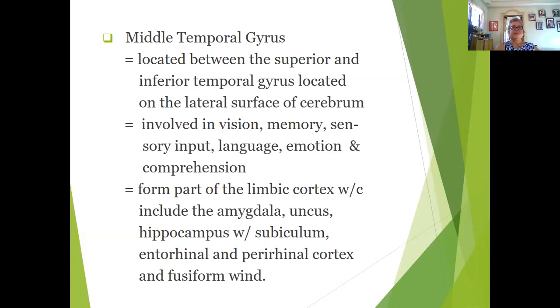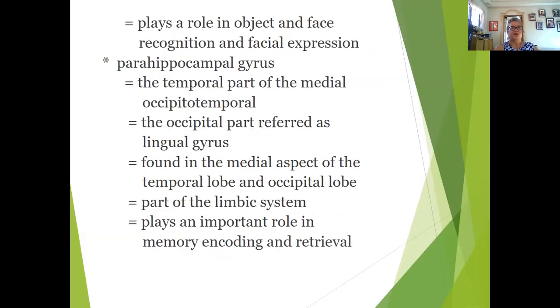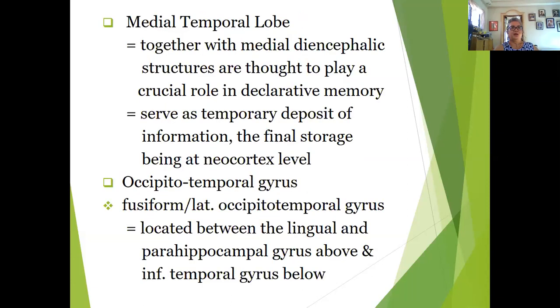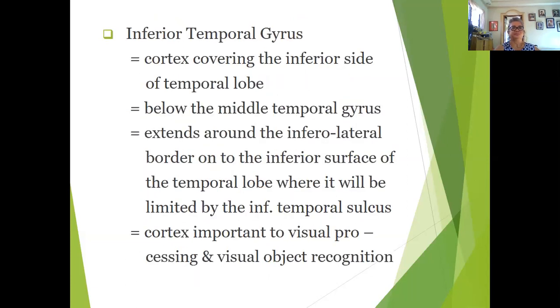So your middle temporal gyrus will be sort of joining with your limbic cortex.